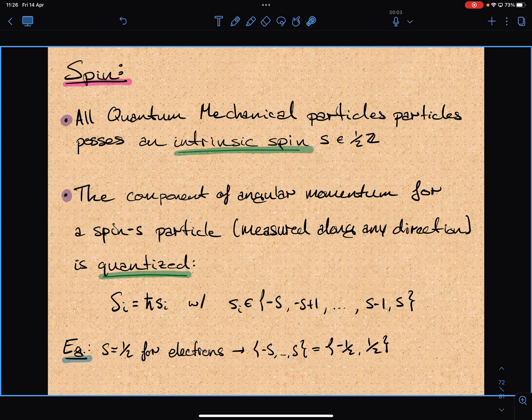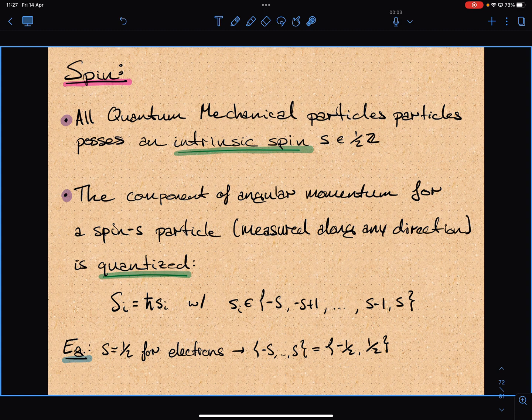And here I'll briefly describe what spin is. Spins are going to be properties of particles. They're going to be intrinsic properties, and they're going to be labeled by a half integer s. We'll get into the interpretation in a bit, but the important part is that when you measure the spin of a particle, it's quantized and it can only take certain possible values.